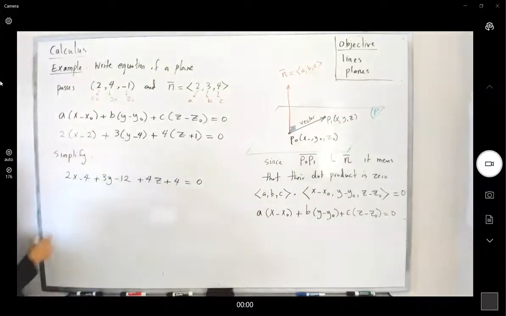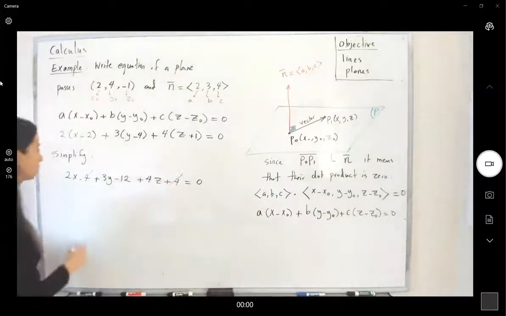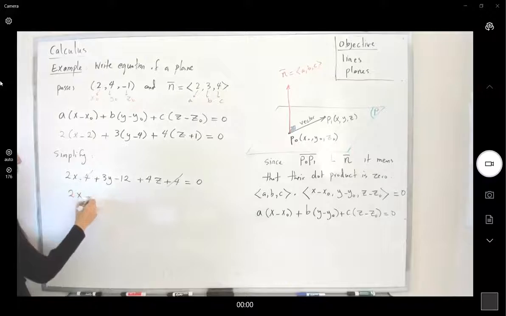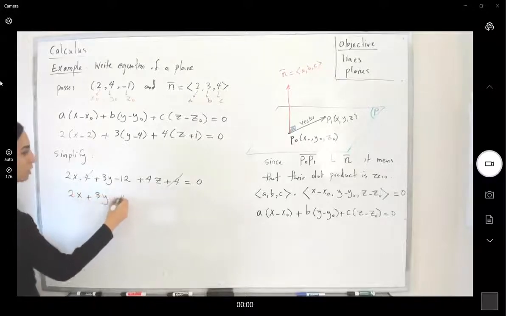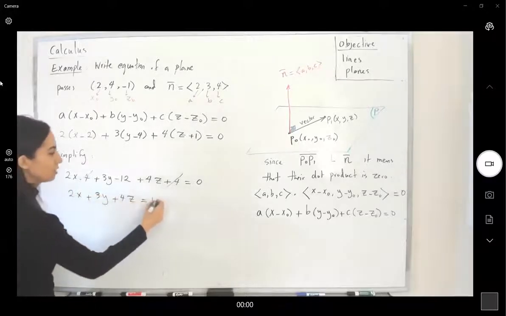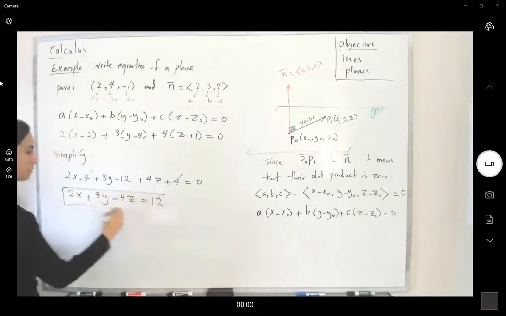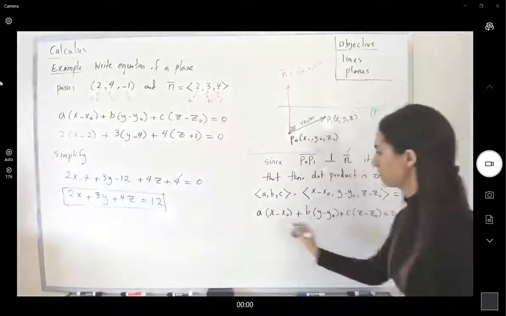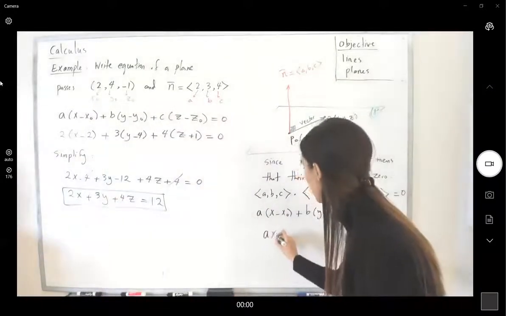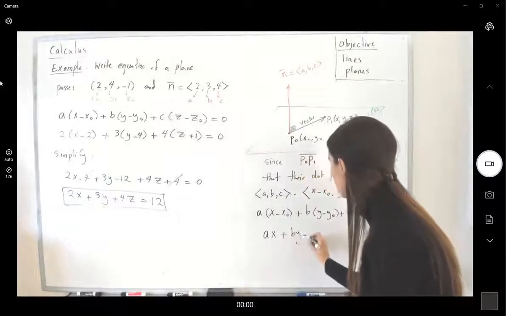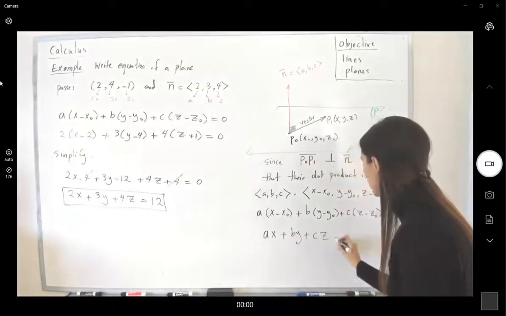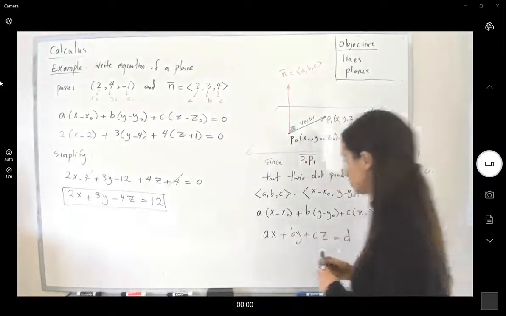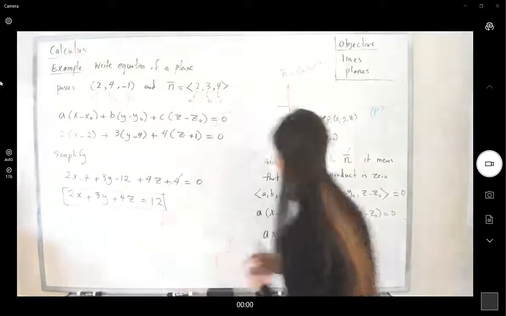Here you can cancel out negative 4 and 4. You get 2x plus 3y plus 4z equals 12. So if we simplify the equation, we get Ax plus By plus Cz equals D.